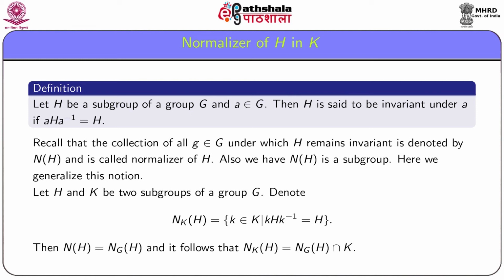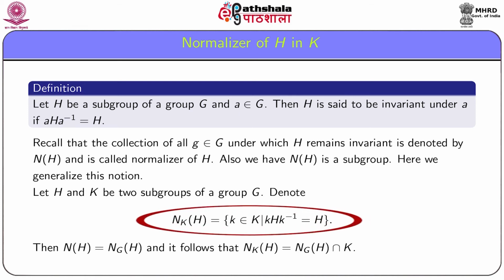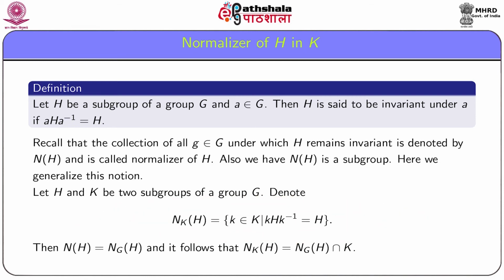Now we generalize the notion of normalizer. Let H and K be two subgroups of a group G. Denote N_K(H) to be the collection of all elements k in K such that kHk^{-1} equals H. That is, H remains invariant under k.